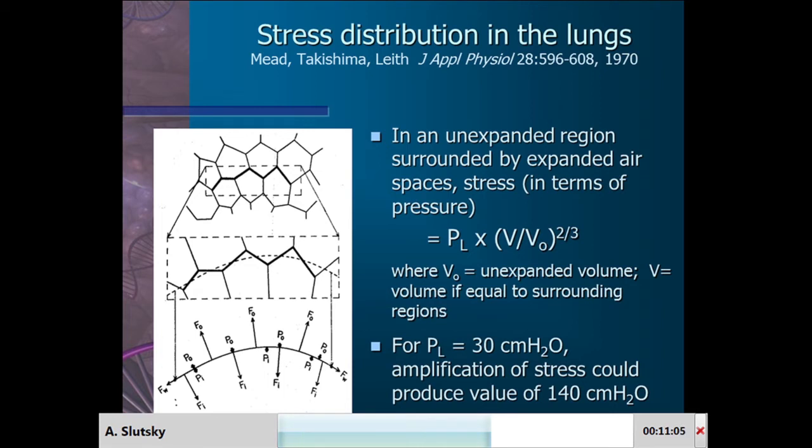And what he showed was that in an unexpanded region of the lung, if you have an area of atelectasis beside an area that's relatively well inflated, you can have an increase in stress that varies as the transpulmonary pressure times the volume over the unexpanded volume to a factor of 2/3. What that means is the stresses in these regions can be amplified from 30 centimeters of water up to 140 centimeters of water because of the inhomogeneity.